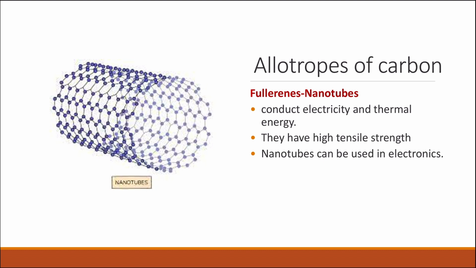Another type of the fullerenes are the fullerene nanotubes. We said that fullerenes can be arranged as hollow tubes, and these tubes can conduct electricity and thermal energy because fullerenes actually have free electrons to move as well, because they make only three covalent bonds, leaving one electron free to move.